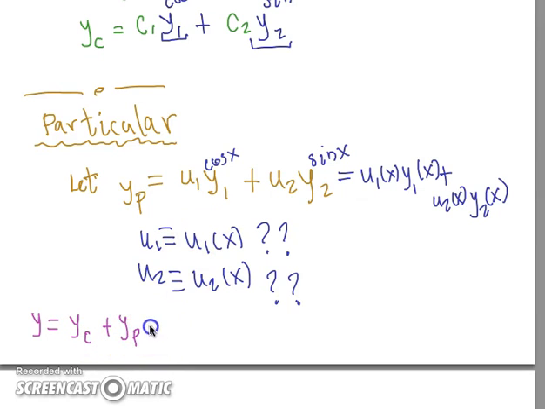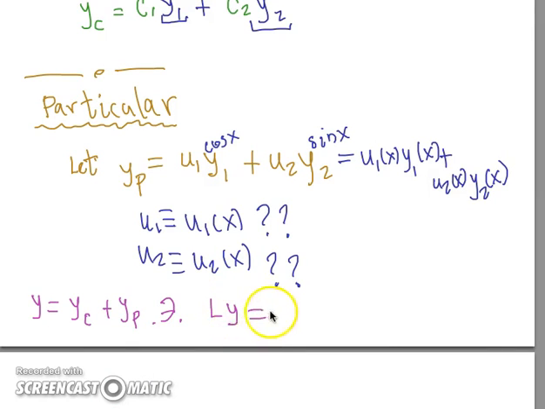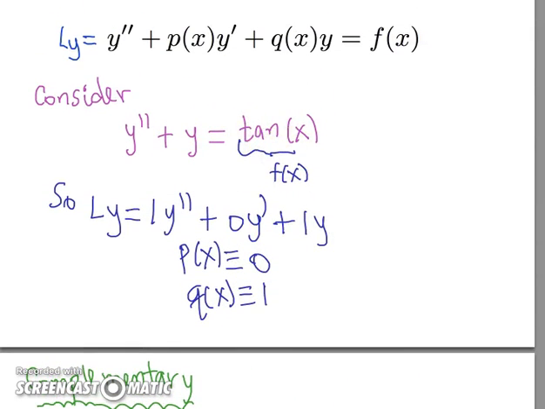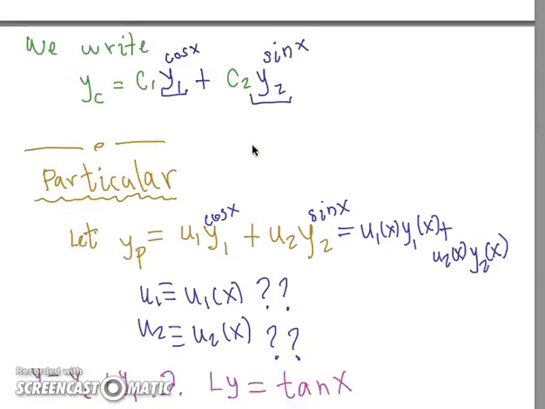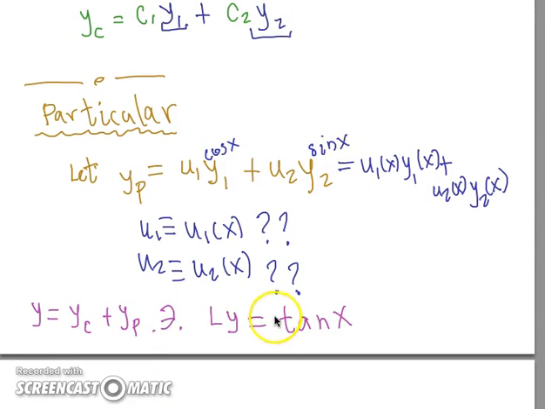We want this solution to be such that the linear operator evaluated at that solution is equal to tangent of x. That's our original problem. Going back to the formulation in this example, the right-hand side is tangent of x. So we want to come up with a particular solution that eventually will have to satisfy the linear operator.